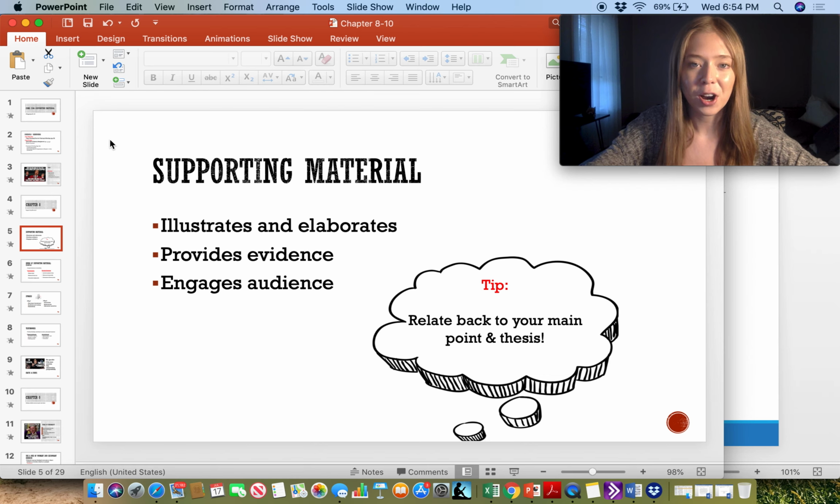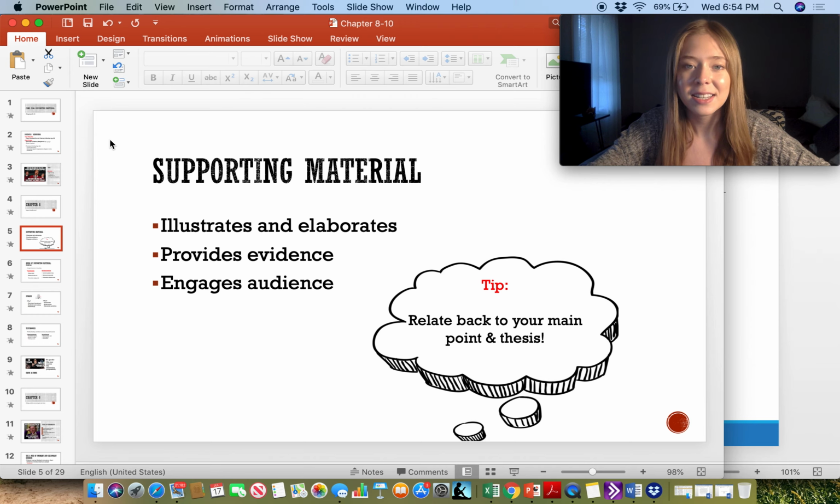So today we're going to be talking about supporting material for our speeches, which is really the meat of our speech. This obviously goes under our main points. Once we've established our thesis statement and our main points, then we can really get into the supporting material that we're going to use to help support our claim.